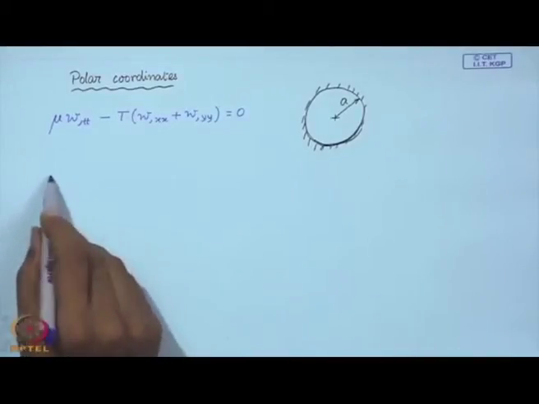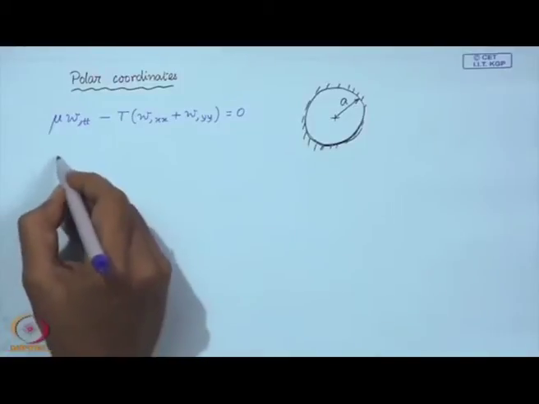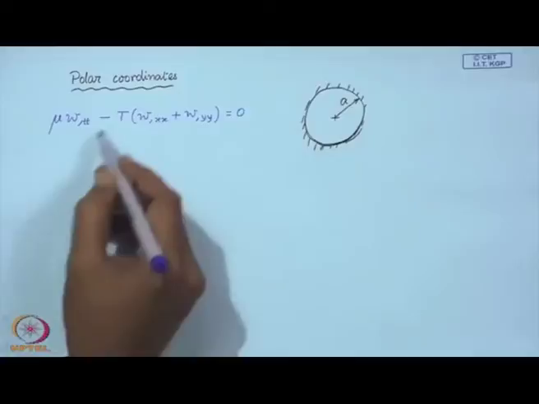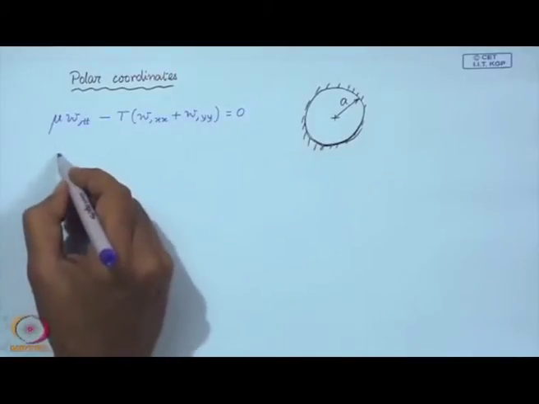So, we can derive the equation for a circular membrane from this by a simple coordinate transformation.